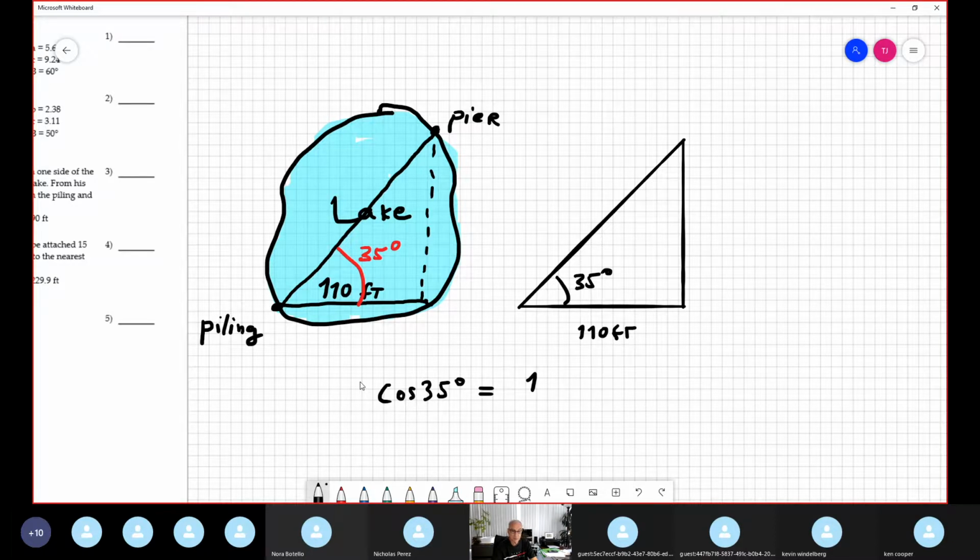110 divided by D. This is D, the hypotenuse.